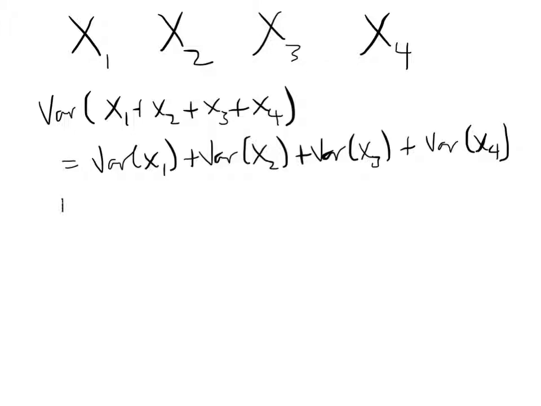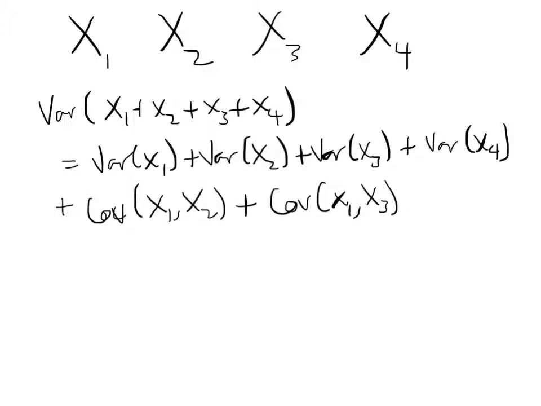plus, and then I need to add the covariance of each with the other. I'm not going to multiply by any 2's. I'm just going to literally take each covariance. So cov(x1, x2) plus cov(x1, x3) plus cov(x1, x4).